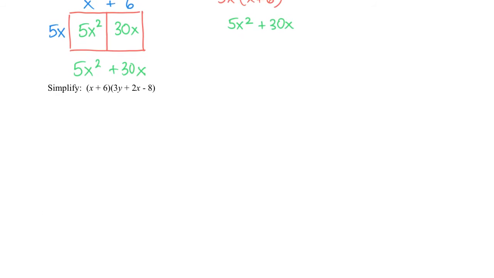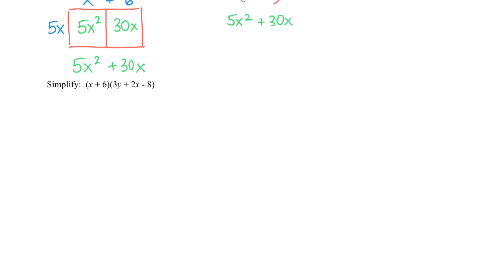Okay, so let's look at another example of this. Let's do one that's a little bit more complicated. So now I have x plus 6, that's one expression, times 3y plus 2x minus 8, that's my other expression. So we'll start with the geometric model. We're going to draw a picture of this.